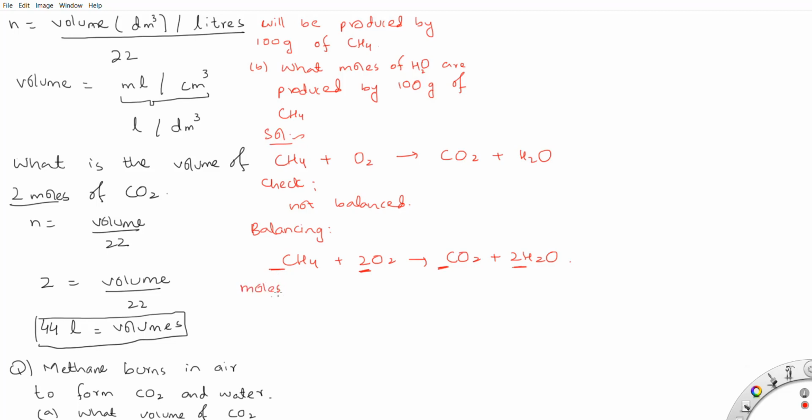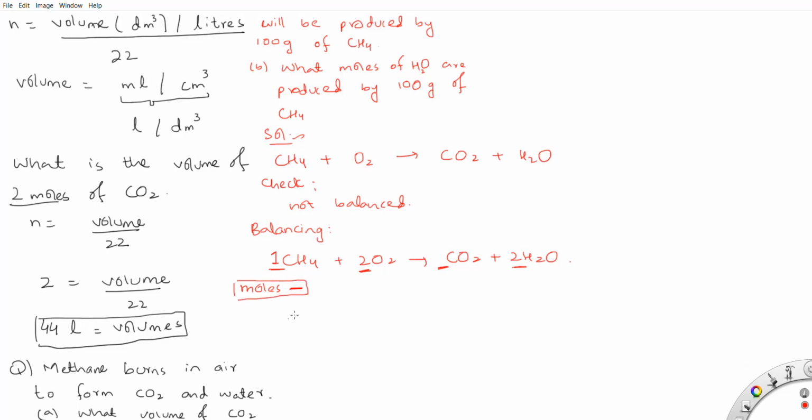That means I can read this as, there is nothing written here, so this is 1 mole of methane reacting with 2 moles of oxygen to produce 1 mole of carbon dioxide along with 2 moles of water. Fine. So these red lines would now be replaced with moles.